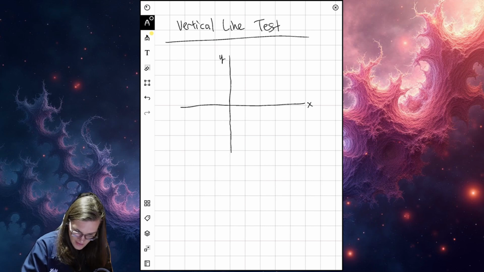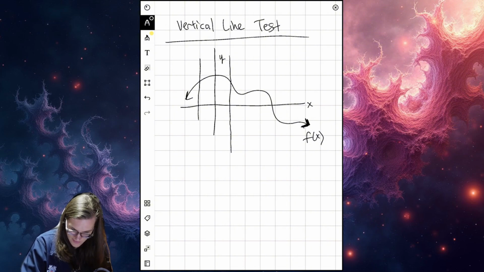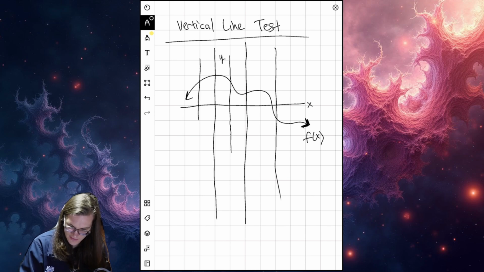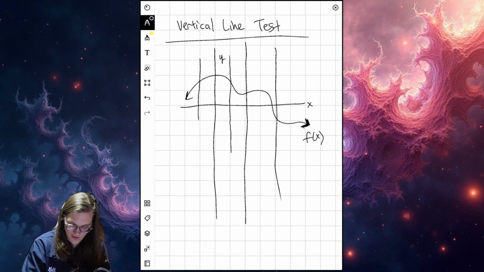So if you have this curve, let's test to see if it's a function. So this is f of x. Let's try. I'll draw a vertical line here. Okay, it only touches once. I'll draw a vertical line here. Yep, doesn't touch twice. Vertical line here, vertical line there. It looks like everywhere the graph only crosses each vertical line one time.